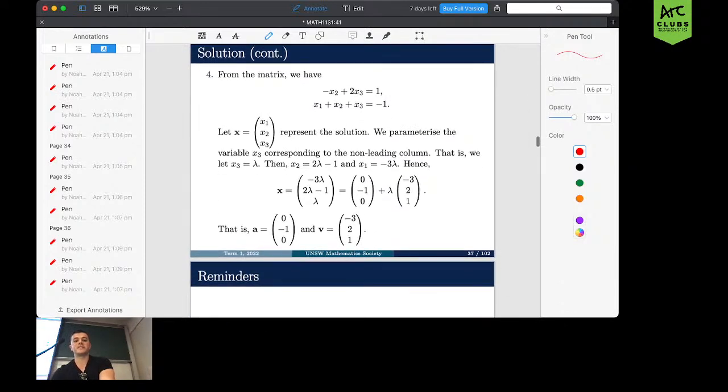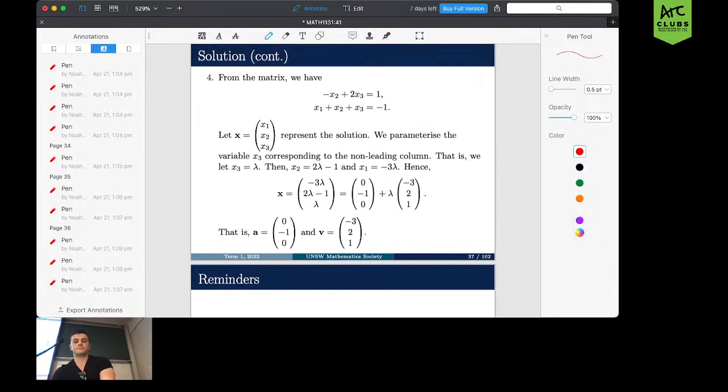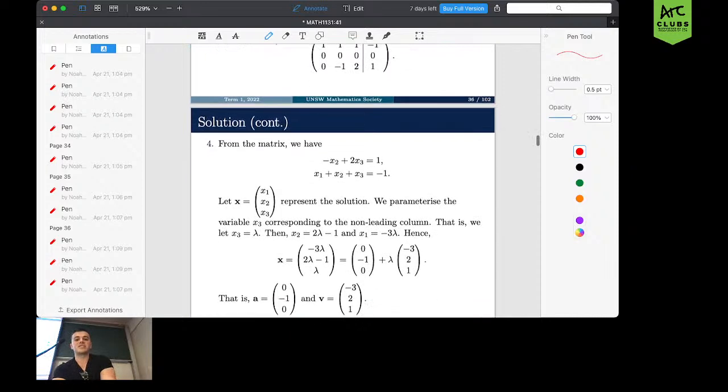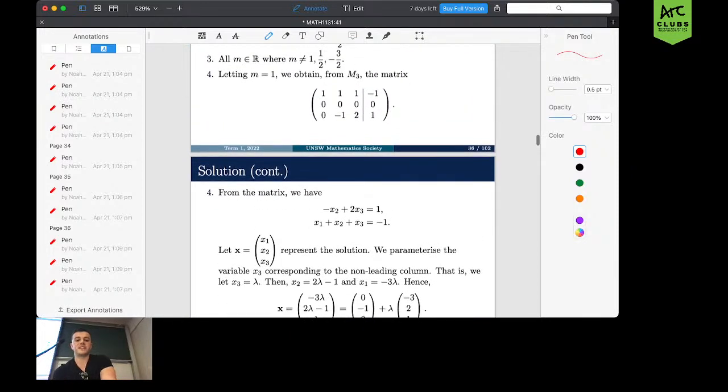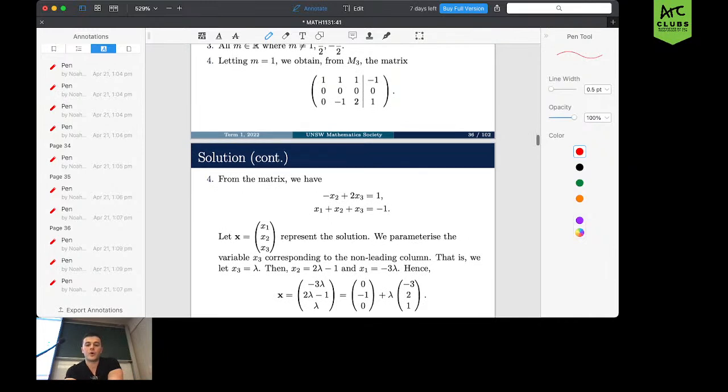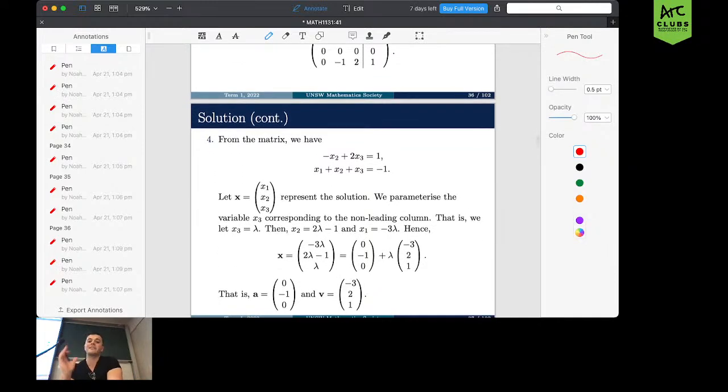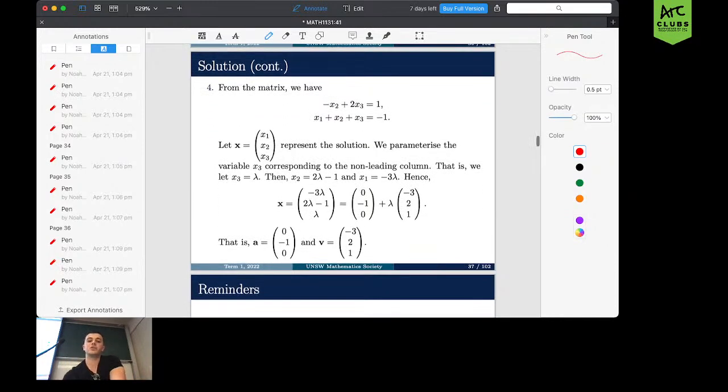And so what we can do is, if you solve for x2 and x1, making them the subject, you can represent x1 as this. So x1 is going to be equal to negative 3 lambda. x2 is equal to negative 1 plus 2 lambda.